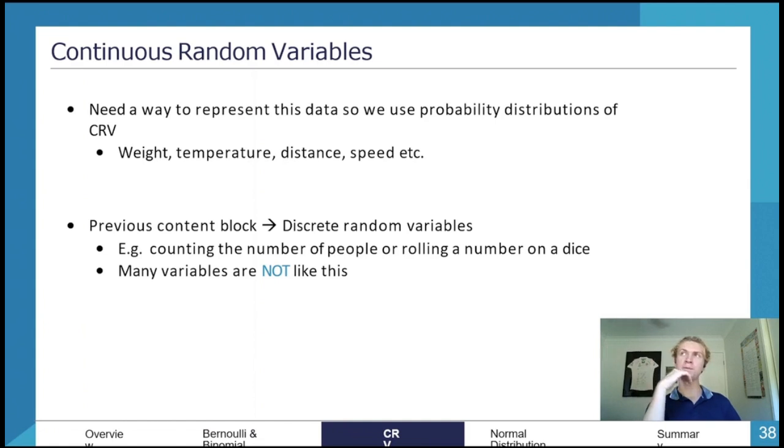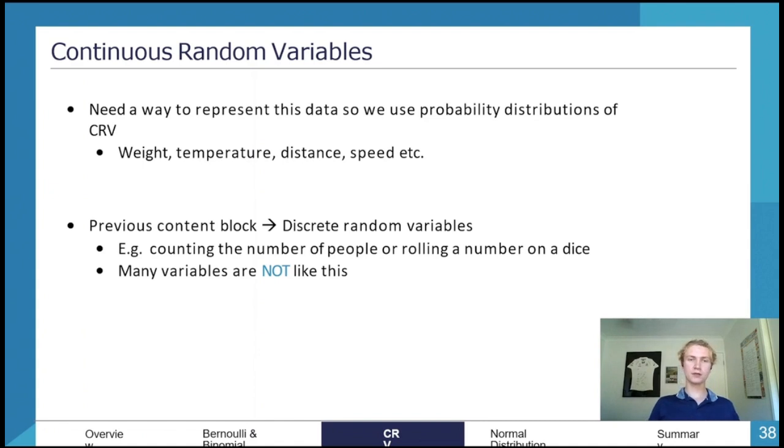However, it's something like money. We don't consider anything besides two decimal places. That's just money. That's cents. Hence, it would still be discrete despite having decimals. But as a general rule of thumb, if you see decimals, if I were you, I would be suspicious that this is a continuous random variable.